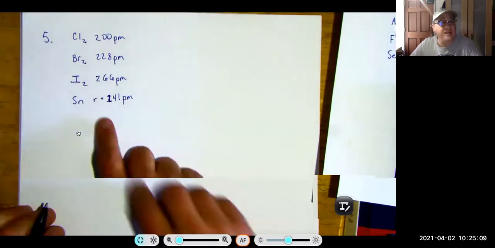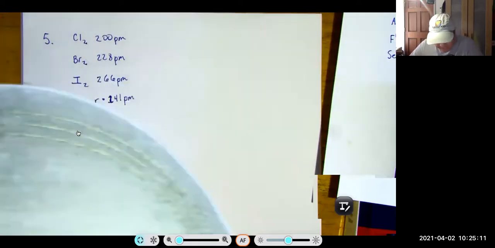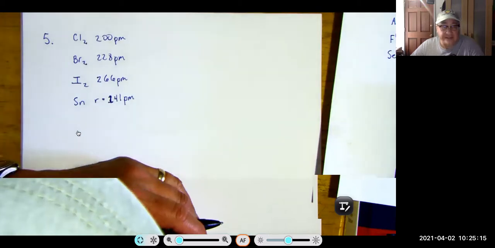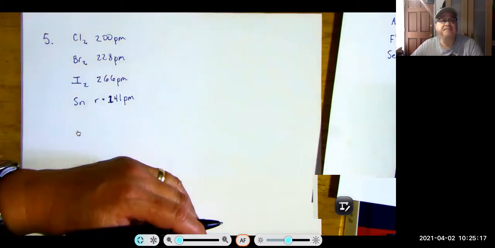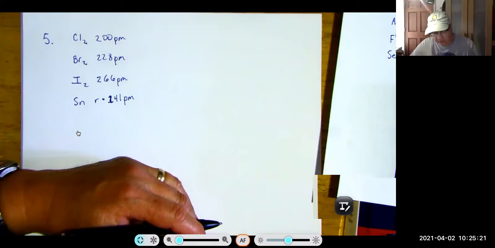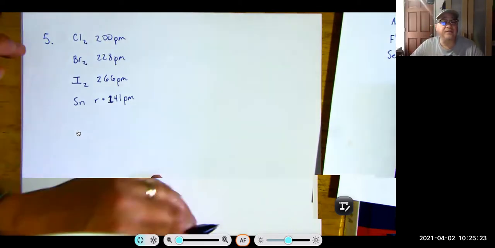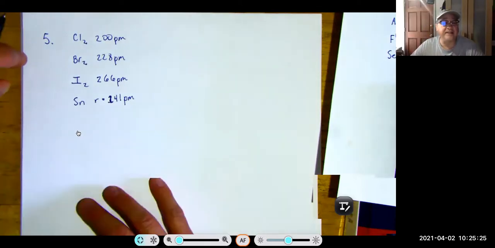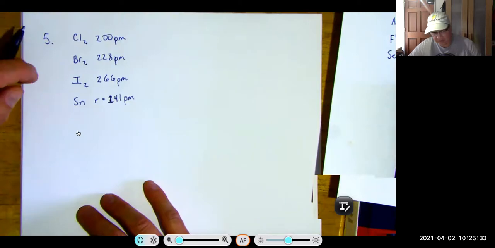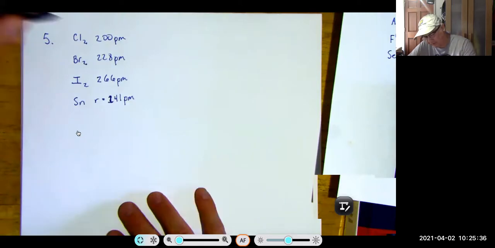Okay, so they're not telling us a bond length. They're telling us a radius, right? Yeah. Okay, so they want us to find the bond length in tin bonded to chlorine, tin bonded to bromine, and tin bonded to iodine. So the way to think about this is for chlorine.